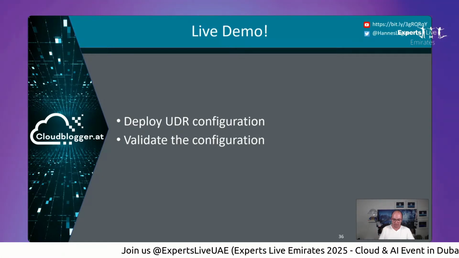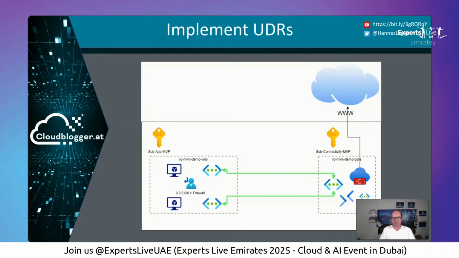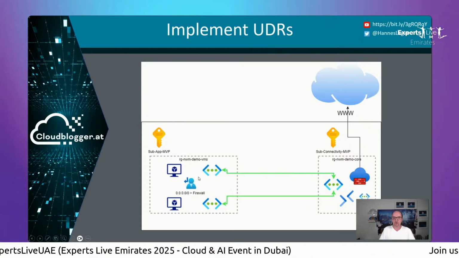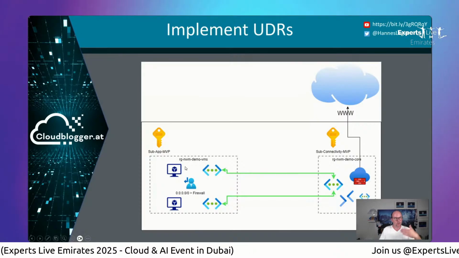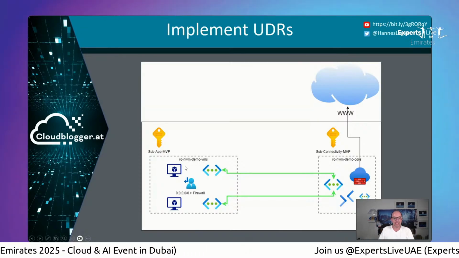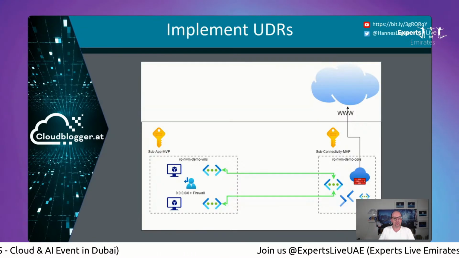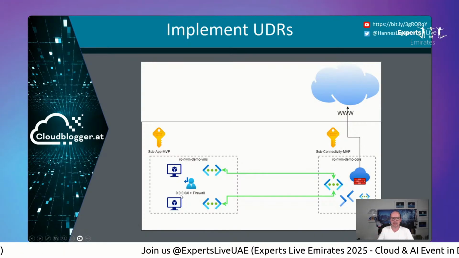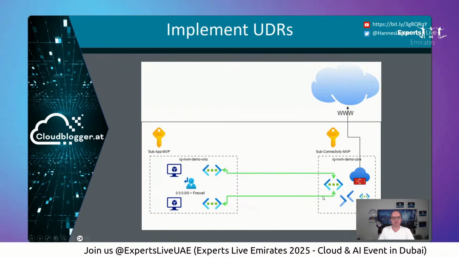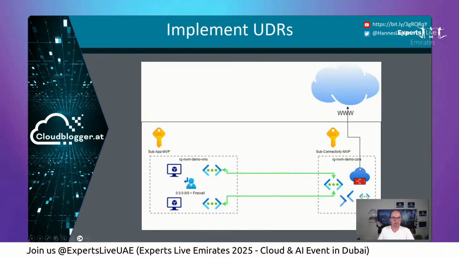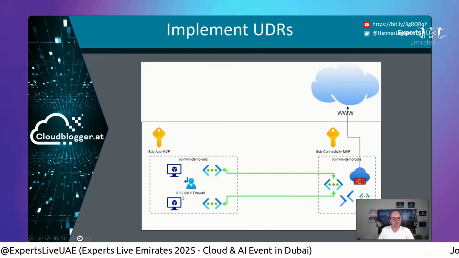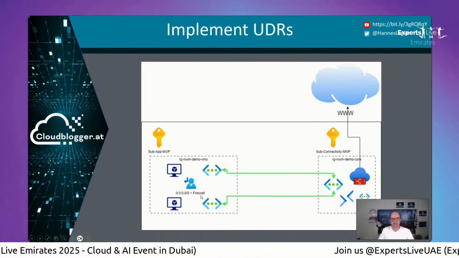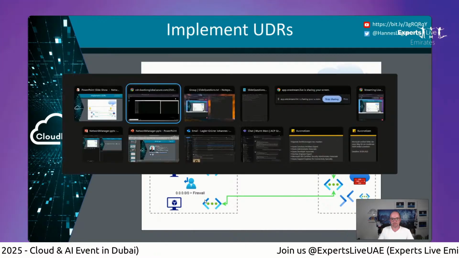What will happen in the backend is we are assigning user-defined routes to our spoke subnets, to our spoke virtual networks, and saying, if we want to communicate with IP addresses outside of our space, please use the next hop, the Azure firewall that is available in the hub virtual network. So define the default route and route exactly this to the firewall.